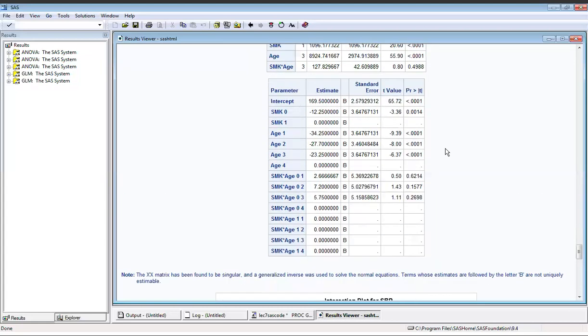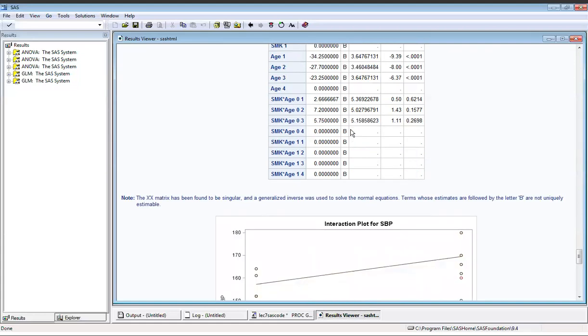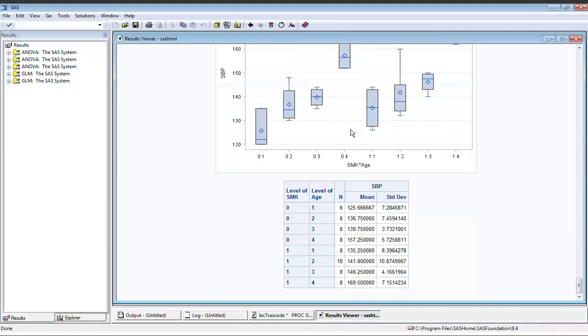And if you still remember, this is the result from comparing each level with a reference level. So this is the basis for calculating the group-wise or estimated mean of systolic blood pressure for each combination of the two factors.